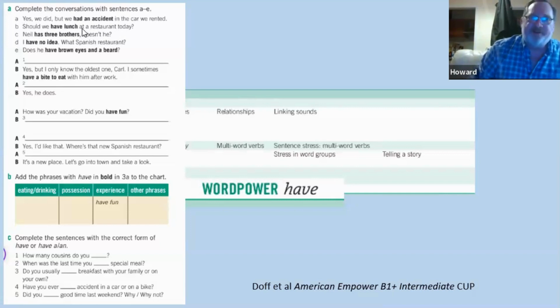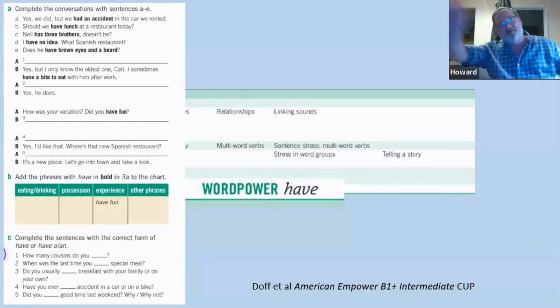But we've got a bunch of things with have in them. And things, I'm just going to call them things. I don't know what they all are. Had an accident, have lunch, have three brothers, have no idea, have brown eyes and a beard, have a bite to eat, have fun. They're sort of somewhere in a liminal place around grammar and vocabulary and something.